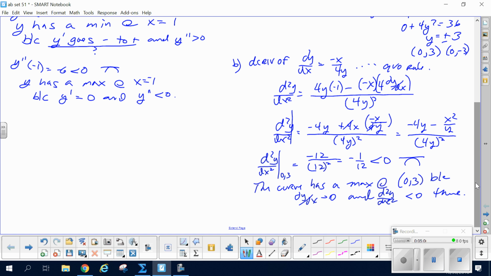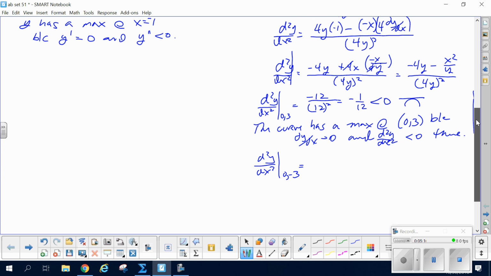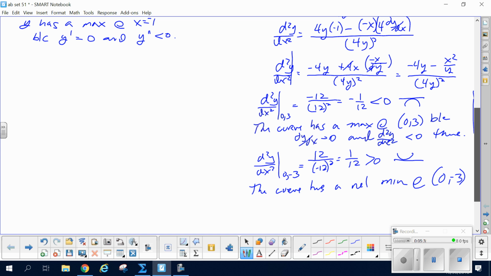Alrighty, so, golly, almost done. Now we'll talk it over. Do 12 over 12 squared is 112, which is greater than 0. All right.